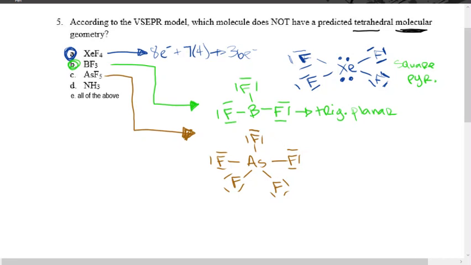For fluorine, it has 7 valence, so it wants 7 things around it: 1, 2, 3, 4, 5, 6, 7, totally happy. And for electrons, it has a total of 8, so we're totally cool there. So obviously that is not tetrahedral, that is trigonal bipyramidal.